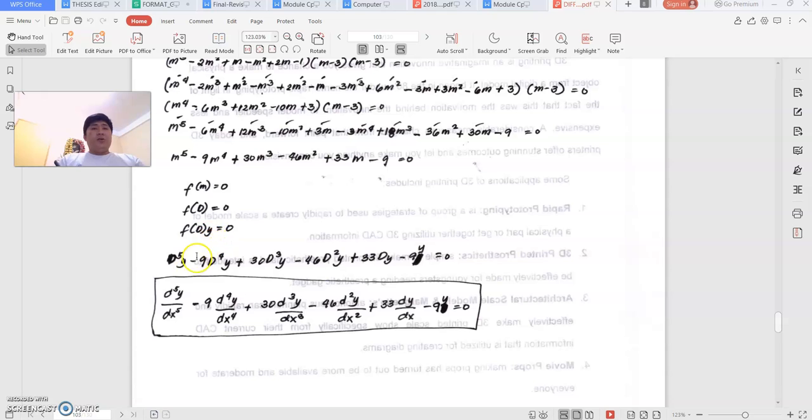So it becomes the 5th, the 4th, the 3rd, the squared, and multiply everything by y. After that, convert it into this order. So, 5th order, 9 times the 4th order, 30 times the 3rd order, 46 times the 2nd order, and 33 on the 1st order, and minus 9y equals 0.